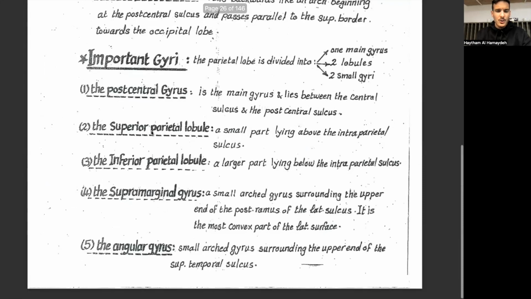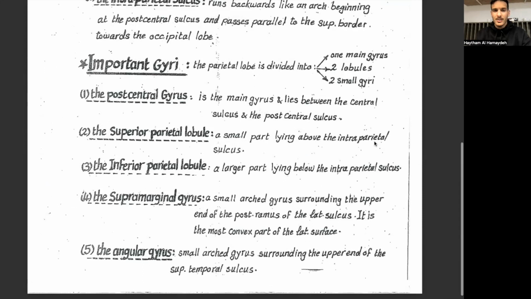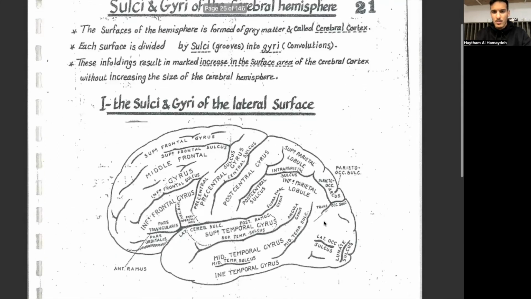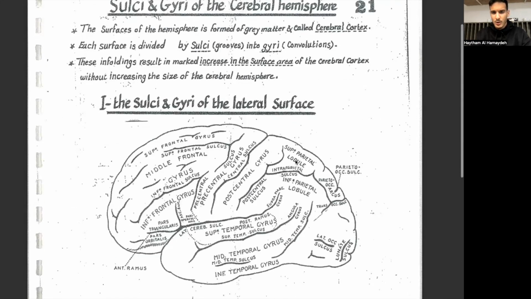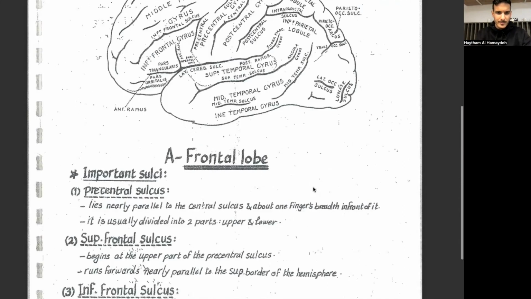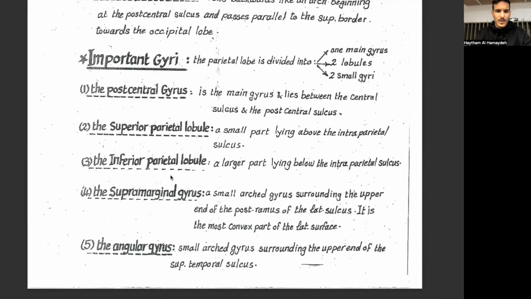The superior parietal lobule is a small part lying above the intraparietal sulcus, right here. And then, of course, because we have the superior, we have the inferior parietal lobule. Post-central gyrus, superior parietal lobule, inferior parietal lobule, and then we have the supramarginal gyrus and the angular gyrus.